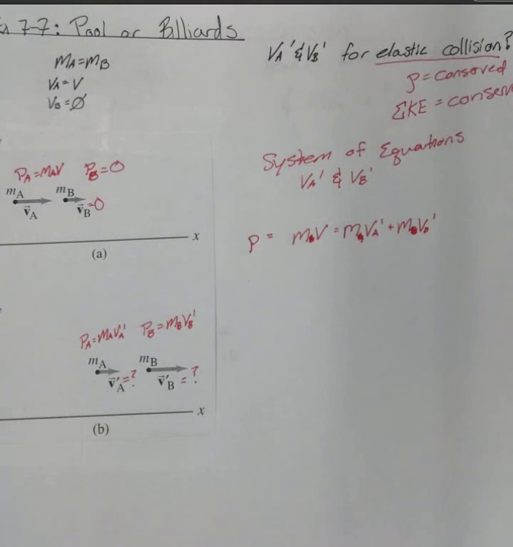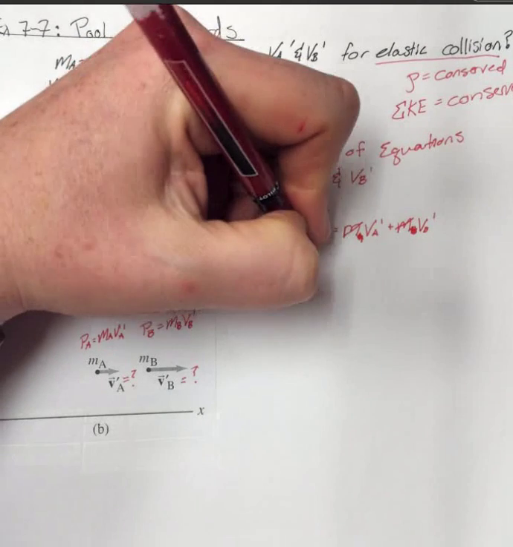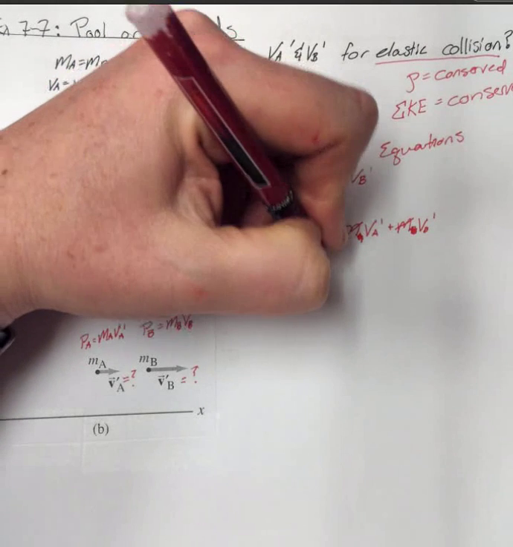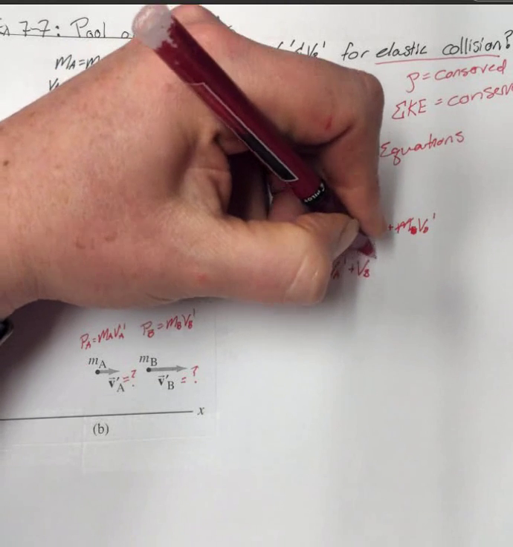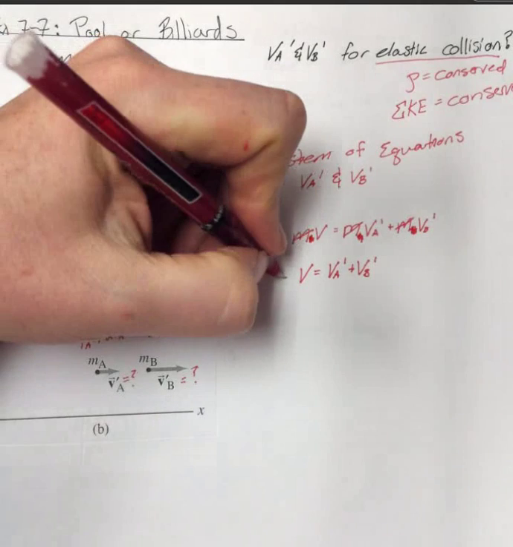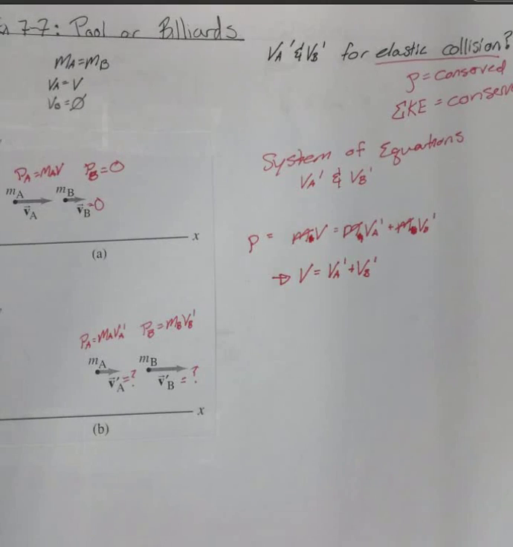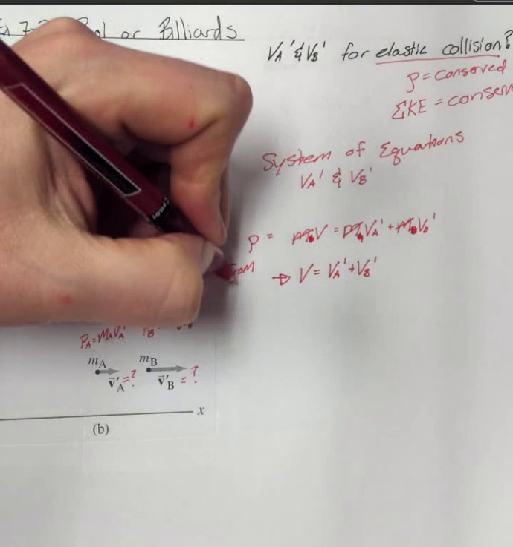Since the M's cancel out, since they're all the same mass, I get that the velocity is going to be equal to VA prime plus VB prime, which is really nice, because what I can do here is solve for one of those two variables. So I got this from momentum.